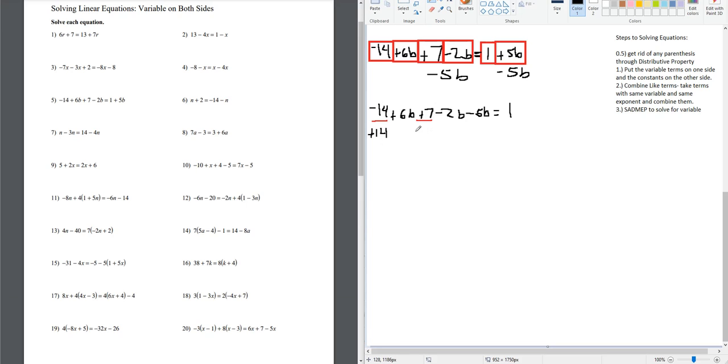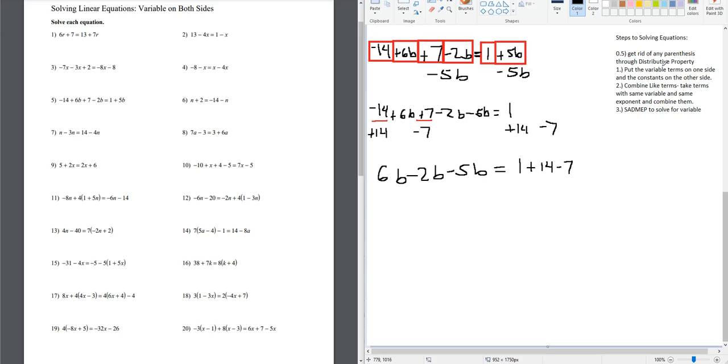If this is plus 7, I'm going to minus 7, and then I'm just going to do the same thing here, plus 14 minus 7. So I end up with, that's gone, so that's 6b. That's gone, so minus 2b, and then minus 5b is equal to 1 plus 14 minus 7.